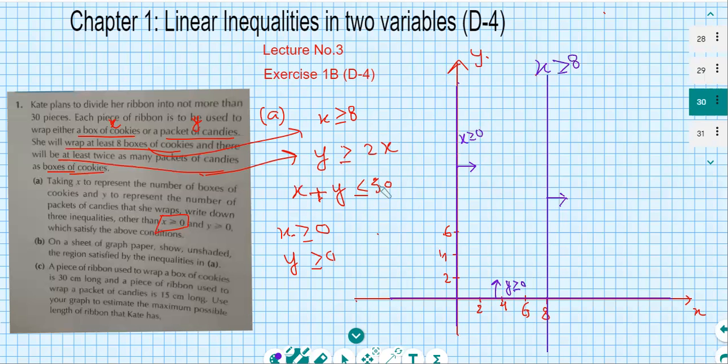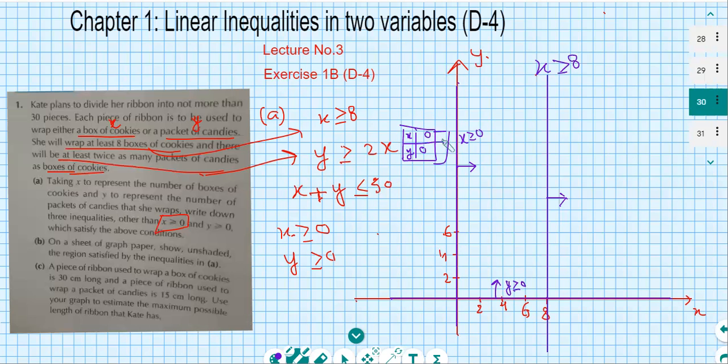This one, Y greater than or equal to 2X. So I'm making a table for it. X, Y. Put 0 first, so Y will become 0.